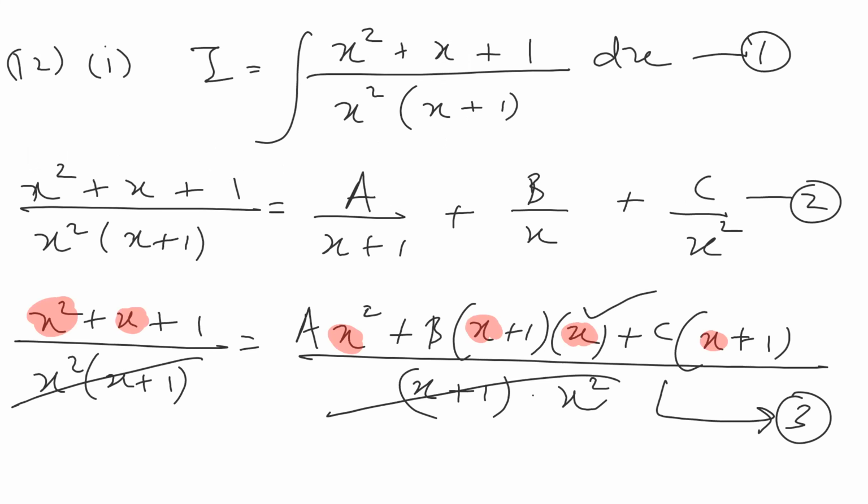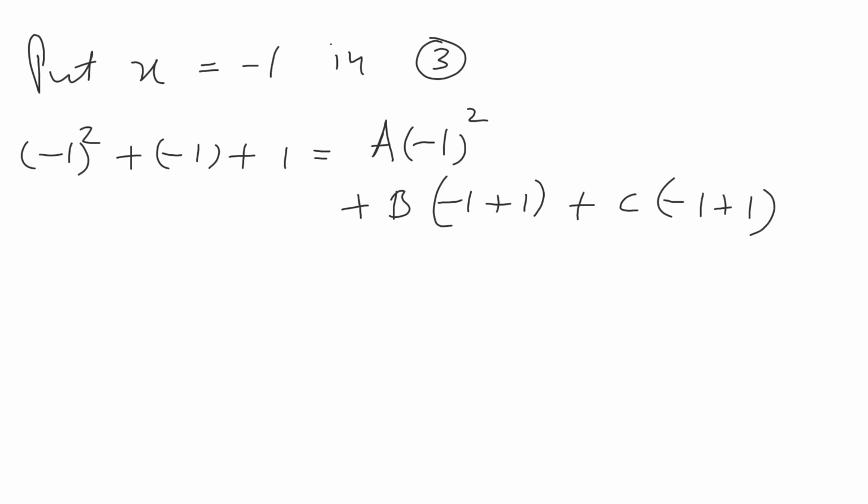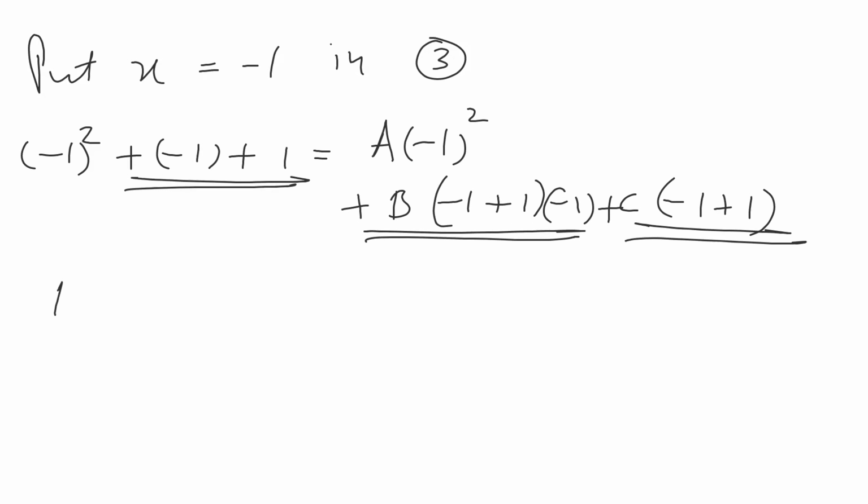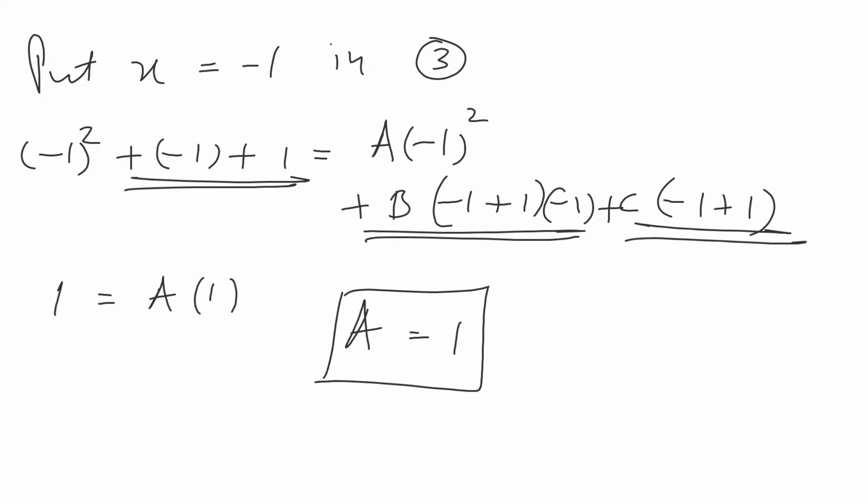Here also there is minus 1, it does not make any difference, but we have to be very systematic. Now the B part and C part get eliminated because minus 1 plus 1 is 0. So A into 1, A is 1.